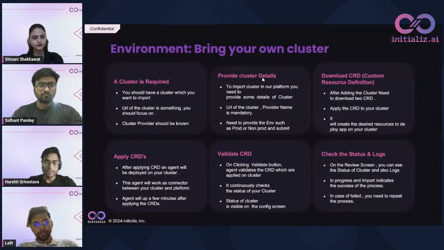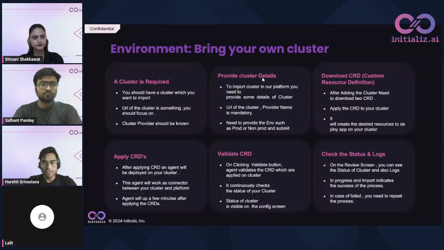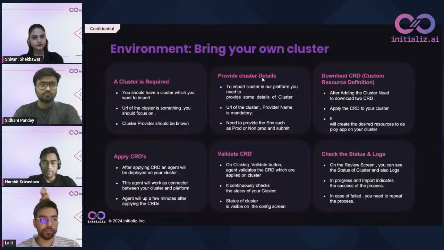Once the CRDs are applied on the cluster, you can click on the validate button in the cluster component in our platform, and then an agent, which we are calling the initialize agent, will run on your cluster, which will verify all the resources that we want you to run on your cluster. After that, it will take a little bit of time, and then the cluster will be imported, and you can see the status and logs on our platform.